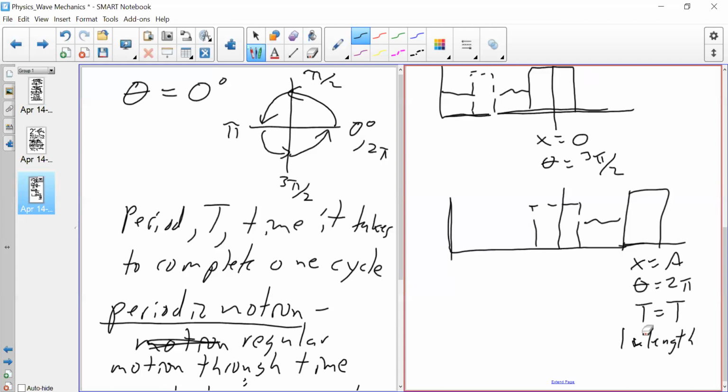That's a W for wavelength, lambda. So the distance traveled by this wave in one period is the wavelength. So you can see that it all depends on each other. It's all married together. It's all part of the same thing. One wavelength of distance corresponds to one period of time, which is 2 pi radians, and the distance is A.